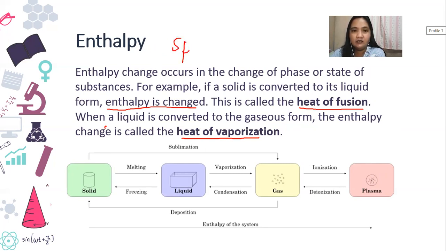This is very different from the specific heat that we were talking about in the calorimetry or the thermochemistry modules. When we talk about specific heat, it is more of the internal energy of the object or the system, wherein it doesn't change from one phase to another.